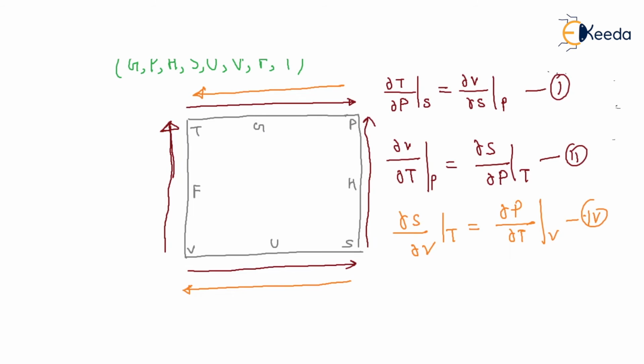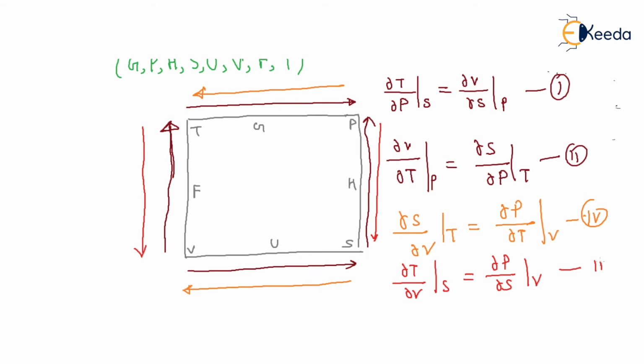Now again we plot like that, opposite, so ∂T/∂V at constant S, draw a line like that. So what is ∂P/∂S, the opposite of this, at constant volume.